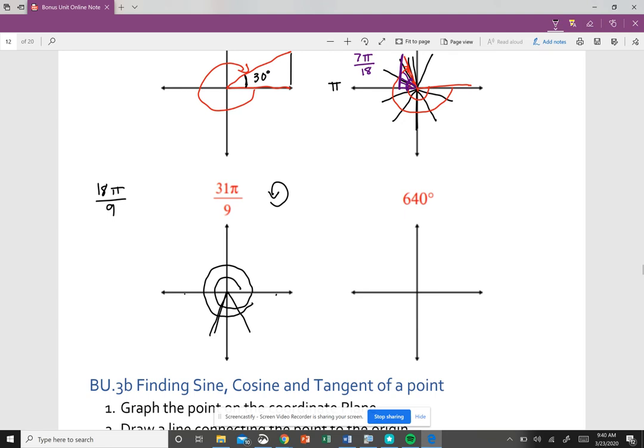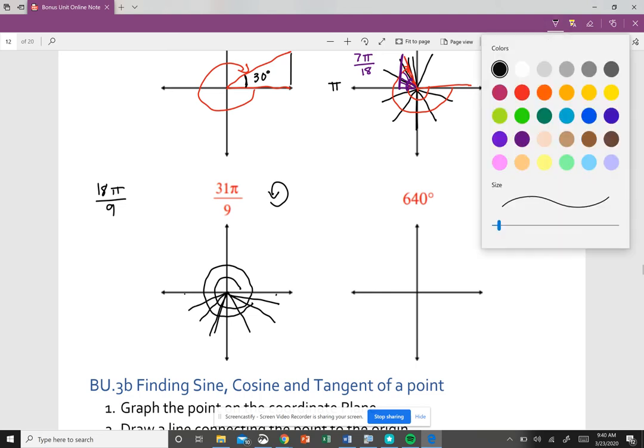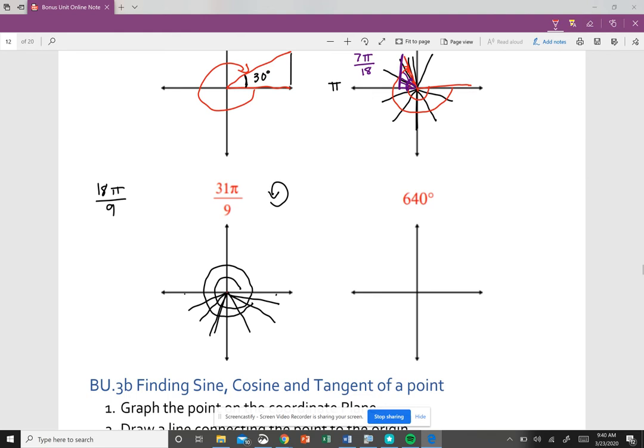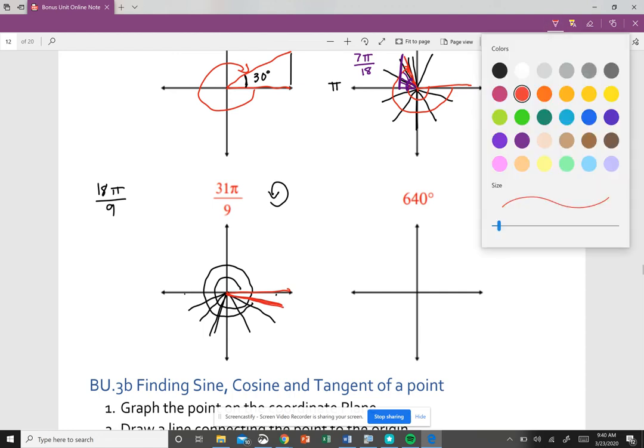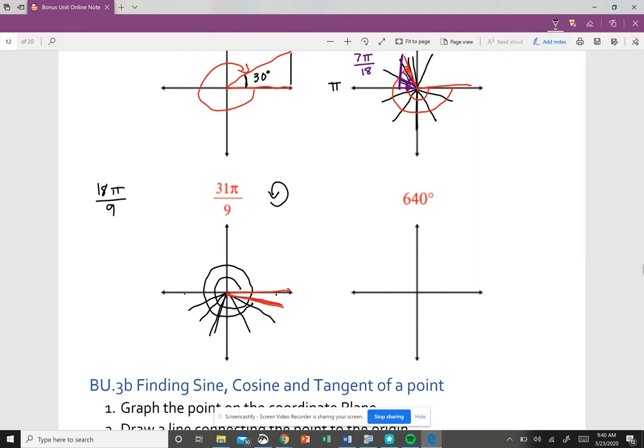And then we'd split each third up into thirds. There we go. Right there, right there. So then our angle is going to be from here, rotated all the way to here, which means our reference angle is just this, which is pi ninths.